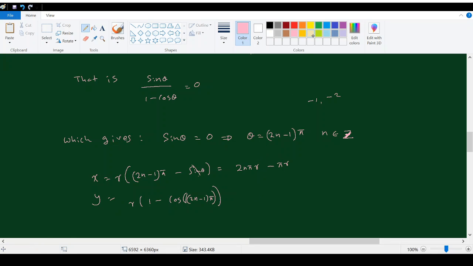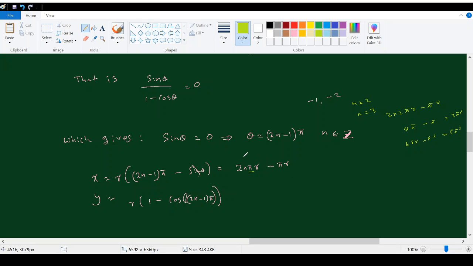So this one, now you can see this is 2 times something which is an even number, and when you take an even multiple of this one, say for example if n is equal to 2, you will have 2 times 2 pi r minus pi r. Here you have 4 pi r minus pi r, you will get 3 pi r. Similar thing is there for all the integers. Let's say 3, then you will get 6 pi r minus pi r, which is 5 pi r.